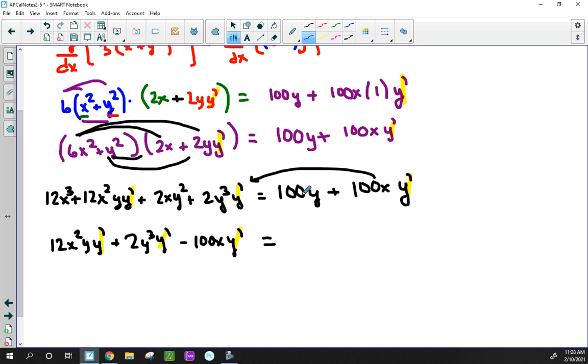And then this term and this term that did not have y primes, they need to be on the right side of the equation behind the equal sign. So we got 100y, and this one's going to transpose over as well as this one. So negative 12x to the third. I just always work left to right. And then minus 2x y squared.